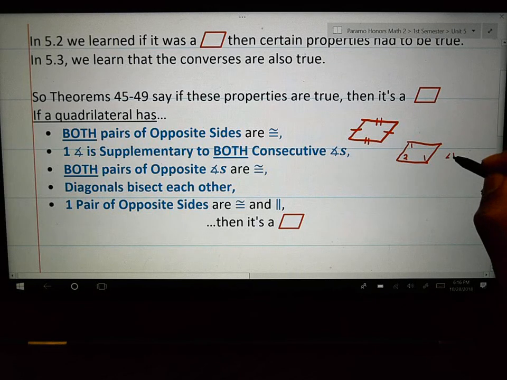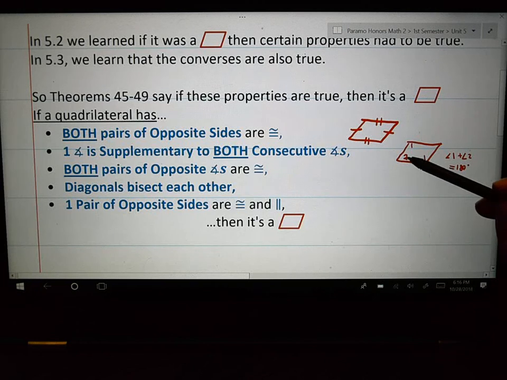Angle 1 plus angle 2 must equal a sum of 180 degrees. If this angle is supplementary with this consecutive angle and this one, that's the minimum you would need, then you know that it must be a parallelogram.